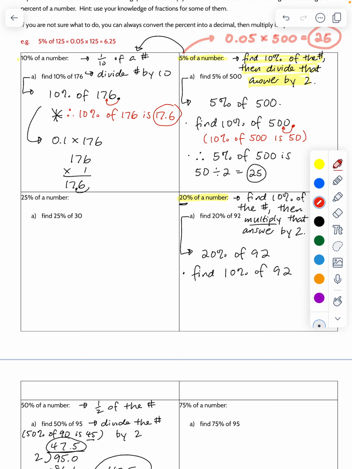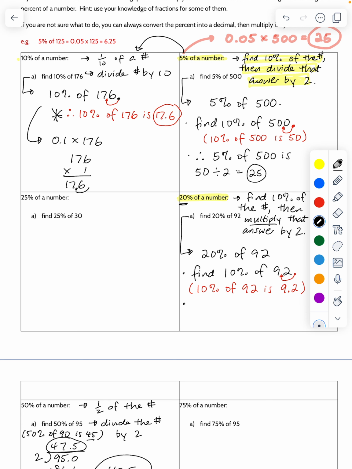All that requires is knowing the decimal point is there at the end of every whole number, and you move it 1 spot to the left because that will give you 10% or 1/10 of the number. So 10% of 92 is 9.2.